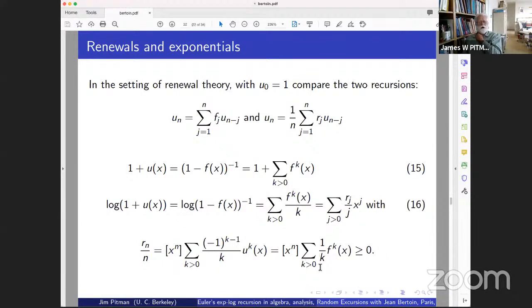And this is like a corollary of Euler's theorem, which is that if you simply write your 1 plus u(x) as 1 minus f(x) inverse, which is totally natural in the setting of renewal theory, then you can expand the log of this more pleasantly because all the coefficients are positive. You get rid of all these minus signs. And this is all working at the level of renewals with an arbitrary, even transient, inter-arrival distribution.